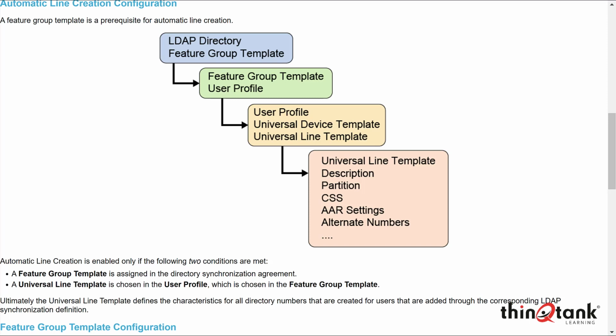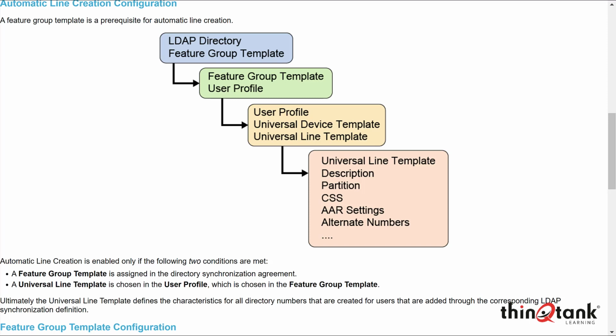So we have our LDAP directory feature group template that we assign. Then we go into the feature group template user profile. That user profile references the universal device template and the universal line template, and then that universal line template has all the characteristics for those particular line settings.